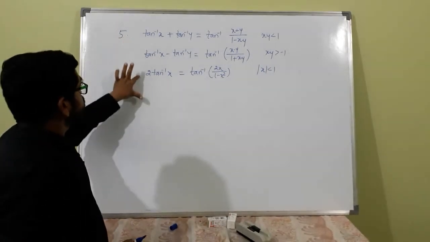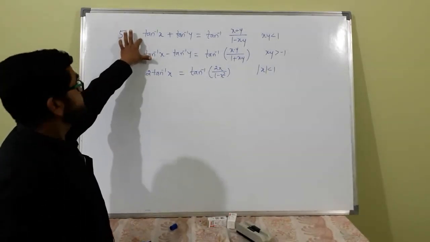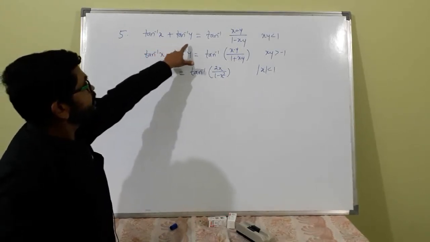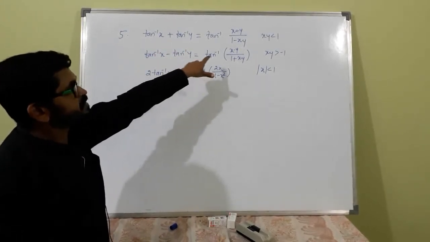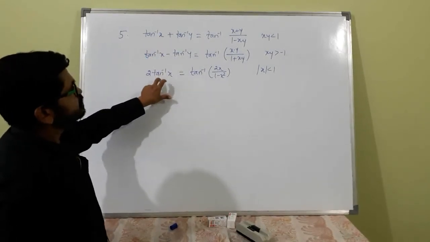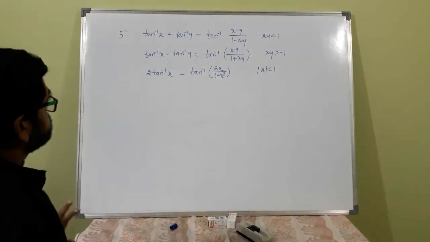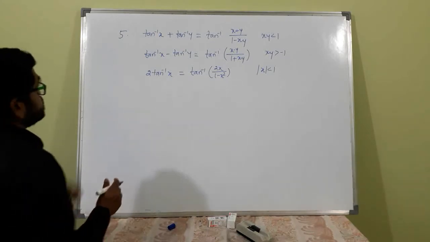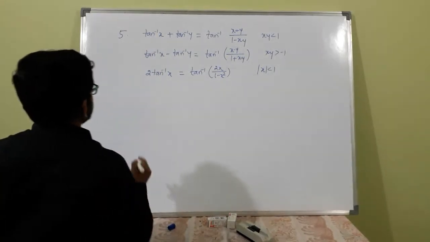So these two are particular cases of the first one only. If you replace y by minus y, you will get this result. If you take x equal to y, then you will get the third result. So it is enough if you prove this one.